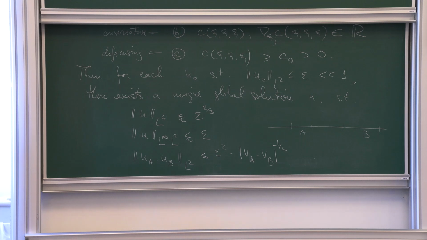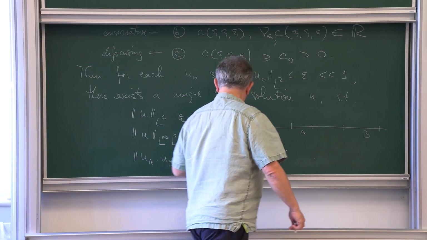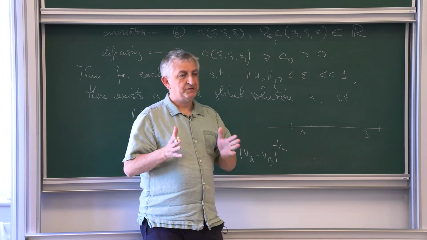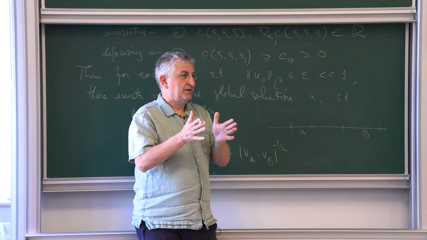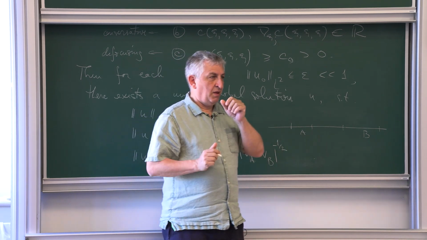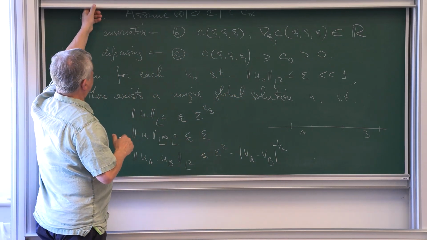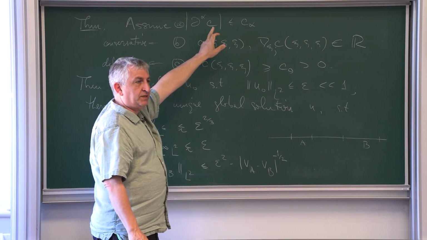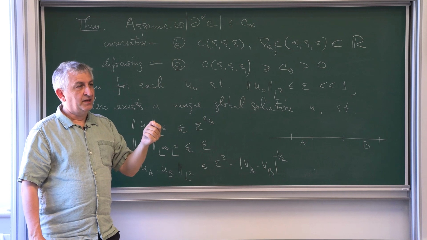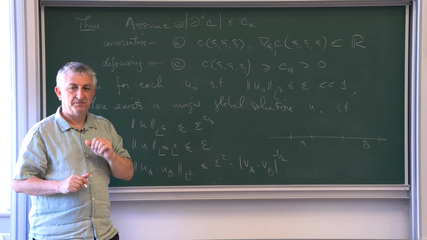And also, to be precise, I should say we're not proving this for all possible sets A and B. We have to be careful. What we're not allowed to do is make them too small somehow. And if you want to understand what are the scales associated to this problem, you look at this assumption on the symbol C. The symbol C is smooth on the unit scale, and so on the Fourier space, this tells you that somehow the unit frequency scale is the one that matters.